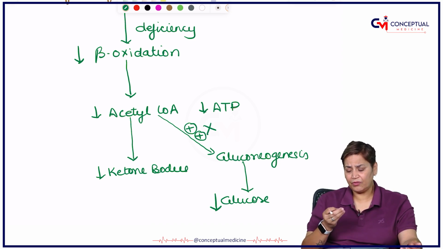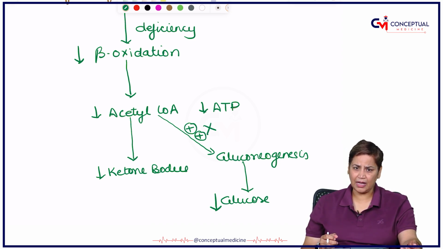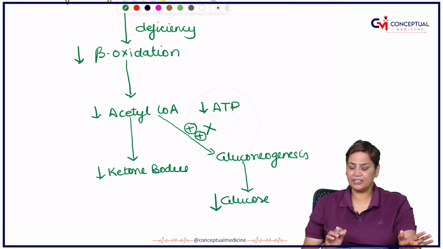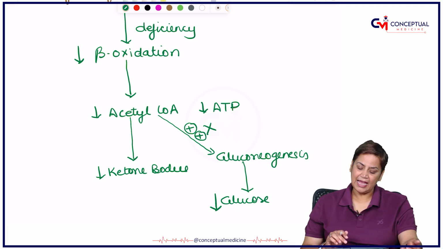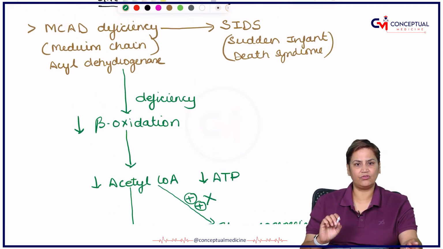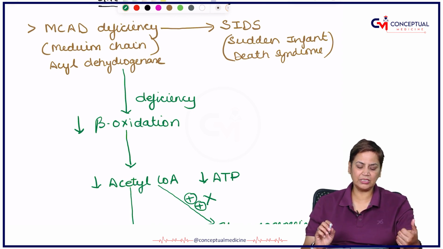So even though frequent feeding of the child will be done, the child will die, first of all due to hypoglycemia, and there will not be any energy given by other sources. That is why it leads to sudden infant death syndrome. This is very important. It is one very important inborn error of metabolism associated with the oxidation of fatty acids, commonly called MCAD deficiency, which leads to sudden infant death syndrome.